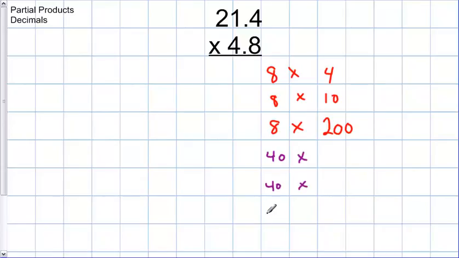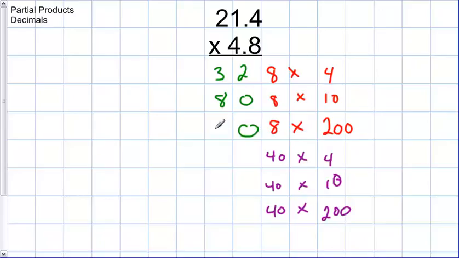So 40 times, 40 times, 40 times. So again, these numbers stay the same: 4, 10, and 200. So then I just go through and multiply. 32, 80, 2 zeros, and 2 times 8 is 16.